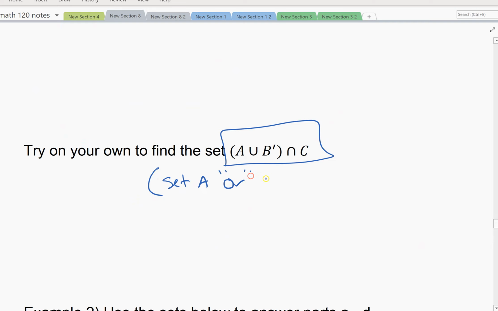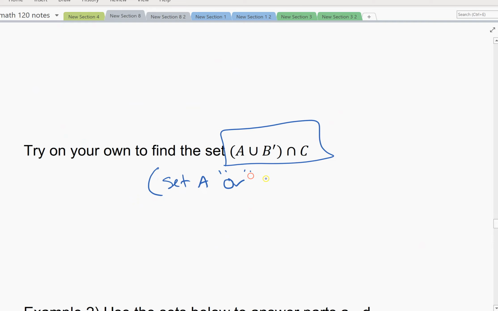The first one lists the elements in, and underneath it I'm going to write in words what it is. See if you can do this one on your own. Come up with the right answer, at least descriptively. I'm going to write the outside of the grouping symbols first.